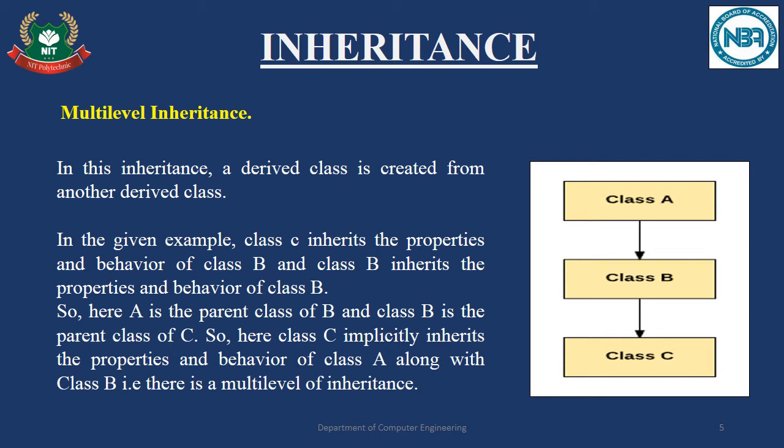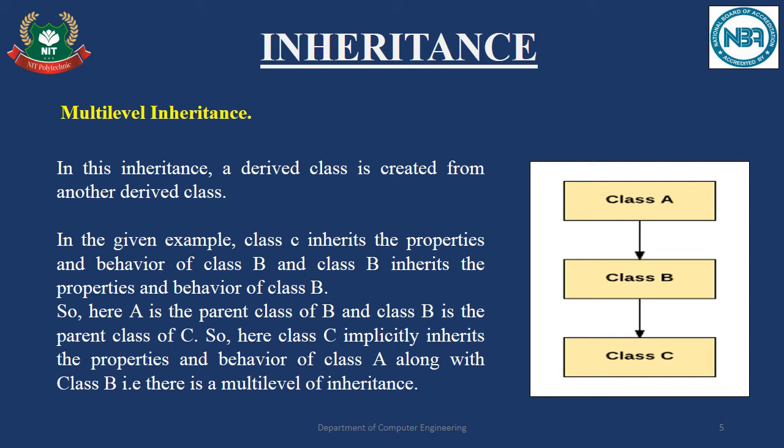But in multi-level inheritance, as we can see in the given example, class C, which is at the bottom, inherits the properties and behavior of class B. So class C is a child of class B. Similarly, class B inherits its properties from class A. So class B is a child of class A.